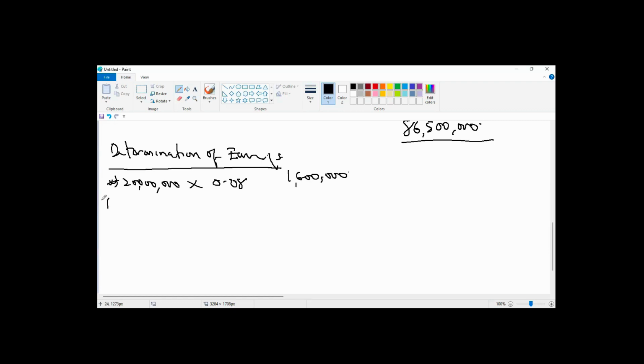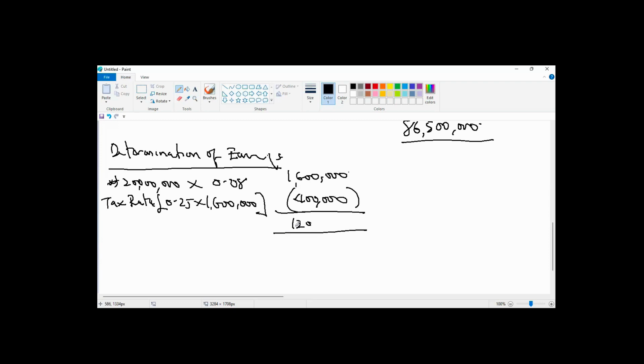Then the tax: government will collect 0.25 times 1.6, which is 400,000. So this is the earnings that come to the organization, 1.2 million. For converting the shares, the interest will be ours.